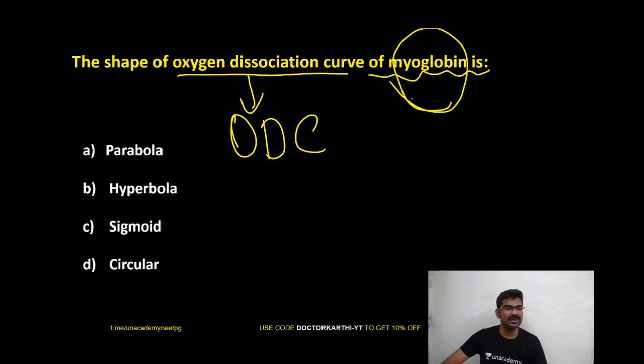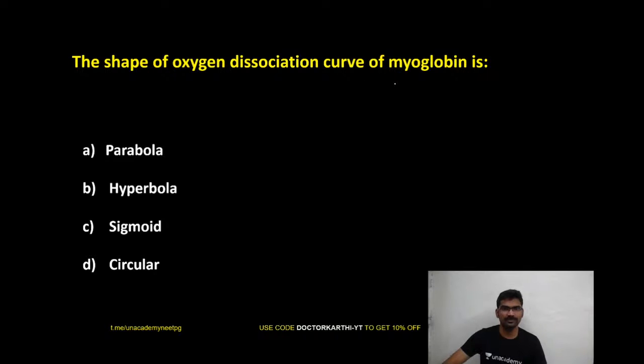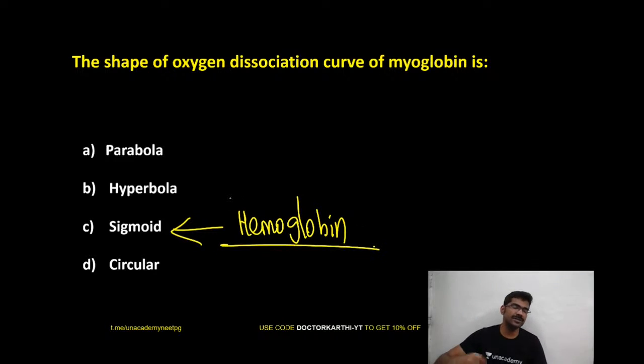Tejas, revise your answer. Not for hemoglobin. Okay. So for hemoglobin only you have sigmoid. Clear? For hemoglobin you have sigmoid shape.